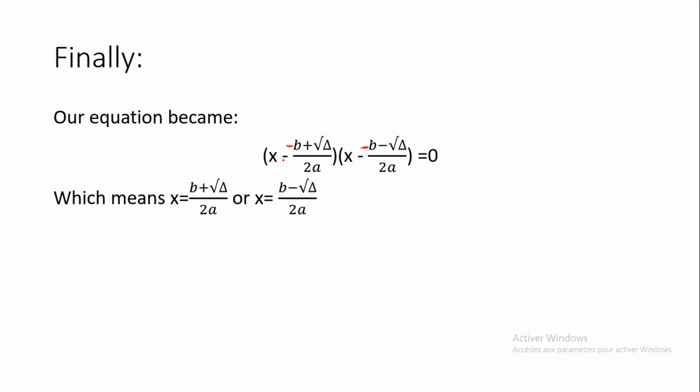So x must be equal to minus b minus the square root of delta over 2a, or x equals minus b plus the square root of delta over 2a, and hence we got the proof of the quadratic formula for solving second degree equations.